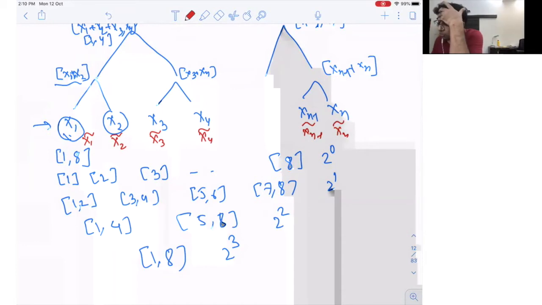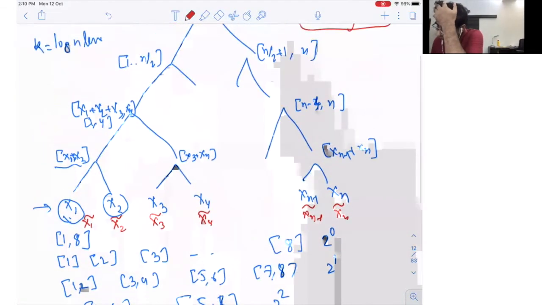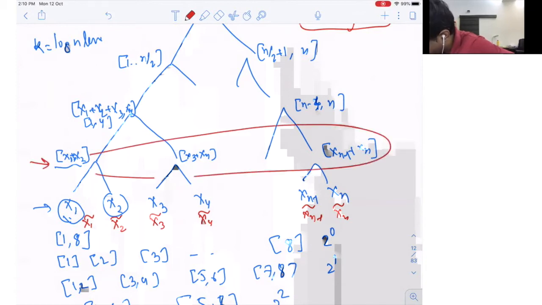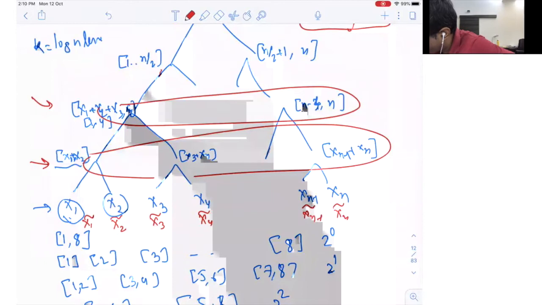Now, what I will like to do is that I would not like to use one count sketch for everything. I will like to use one count sketch for every level. Here, I will have one level. Here, I will have one level. So on and so forth.